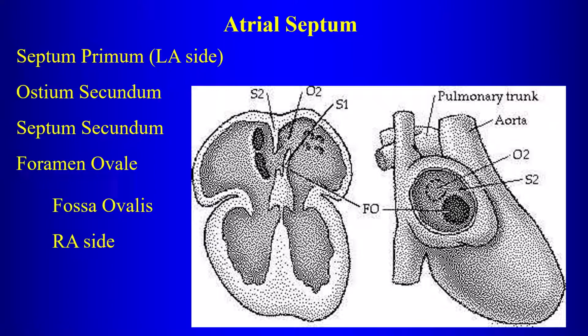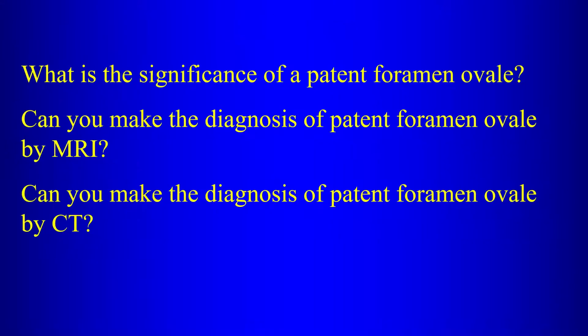However, in about 25% of cases, this can remain open, potentially allowing communication through here, allowing the formation of paradoxical embolism. So the significance of a patent foramen ovale is that it can be associated with paradoxical embolism. Can we make the diagnosis of a patent foramen ovale with MR?